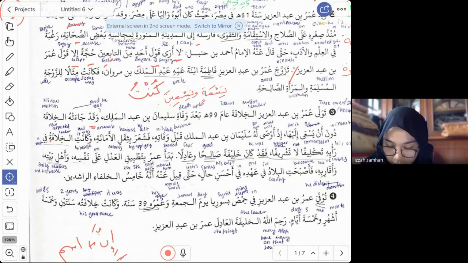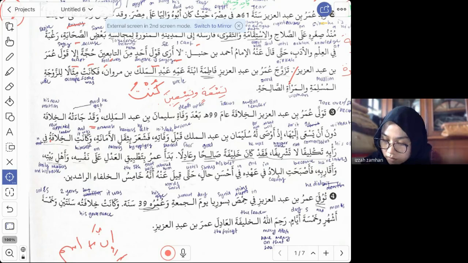Okay. Fasha'ara means he felt. Bisikali means heaviness. Ala amana means amanah. Wakanati, and it was. Al-Khilafatu, new appointed leader.